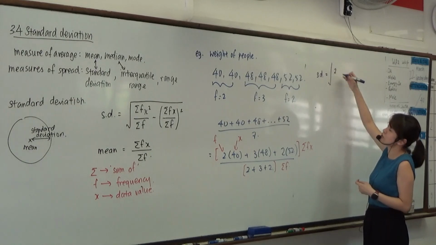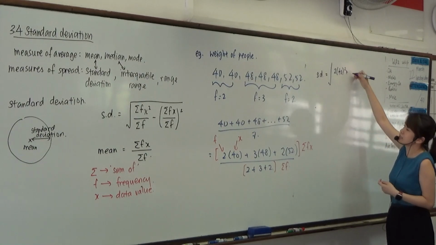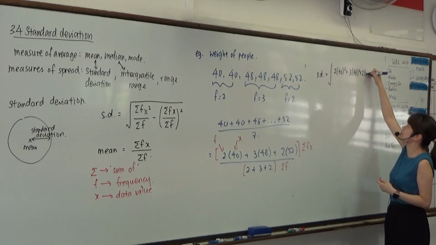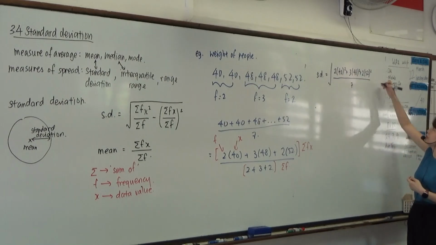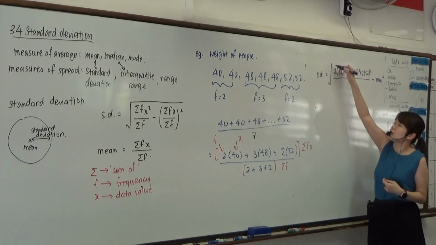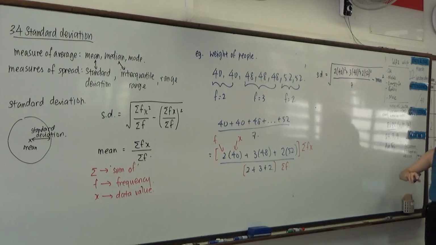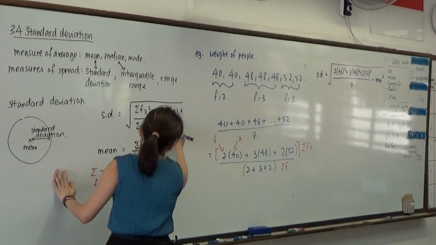So frequency is 2, x squared is 40 squared, plus 3, 48 squared, plus 2, 52 squared, over total frequency, minus the mean squared. I'm not going to calculate this out, but this is what it should look like if I'm trying to apply this formula to this data.